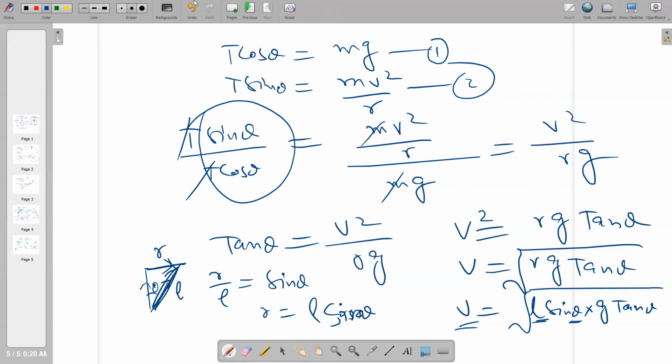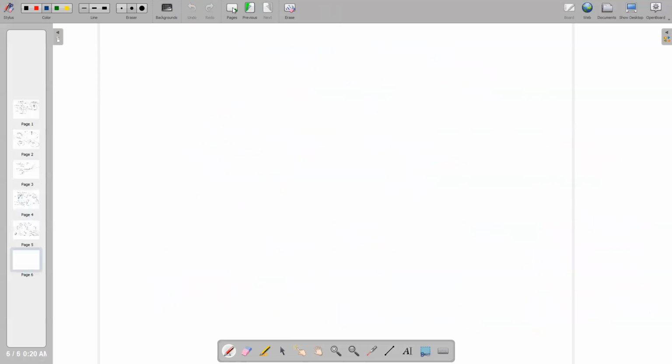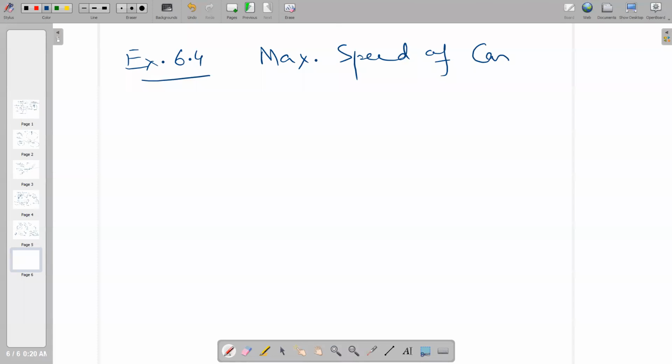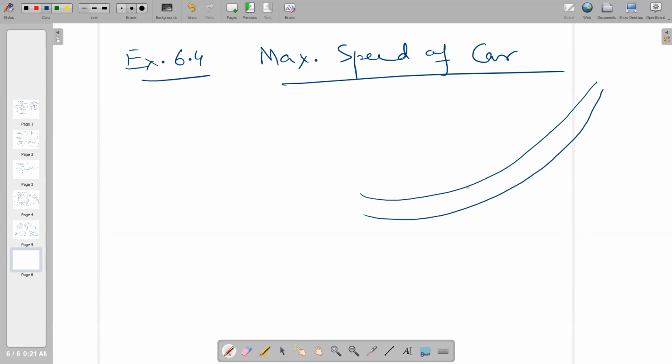After this, we have another example. You can see in your book, example 6.4, and it is written maximum speed of car. Maximum speed of car means that the car is moving on the road and the road has some speed limits.